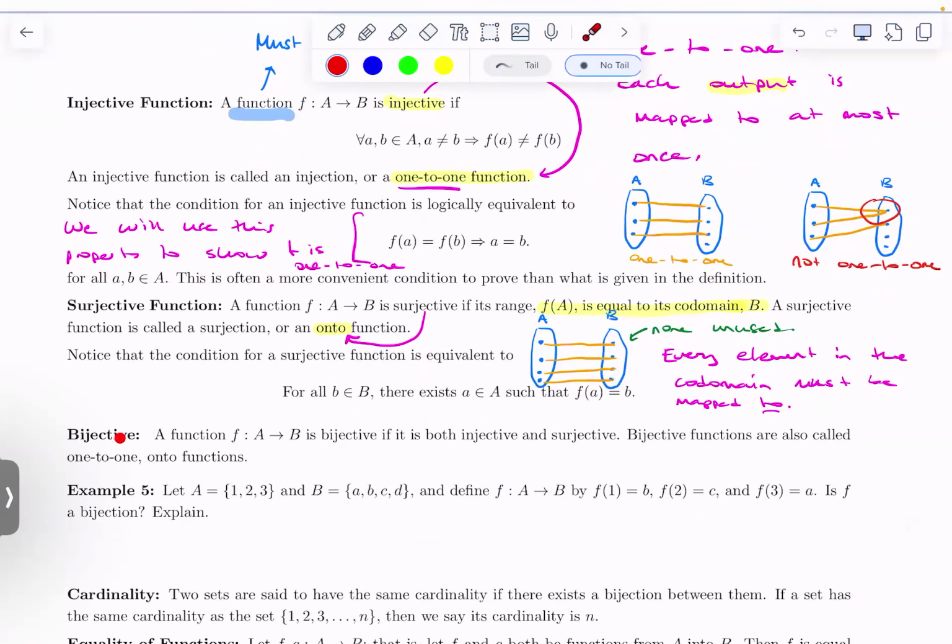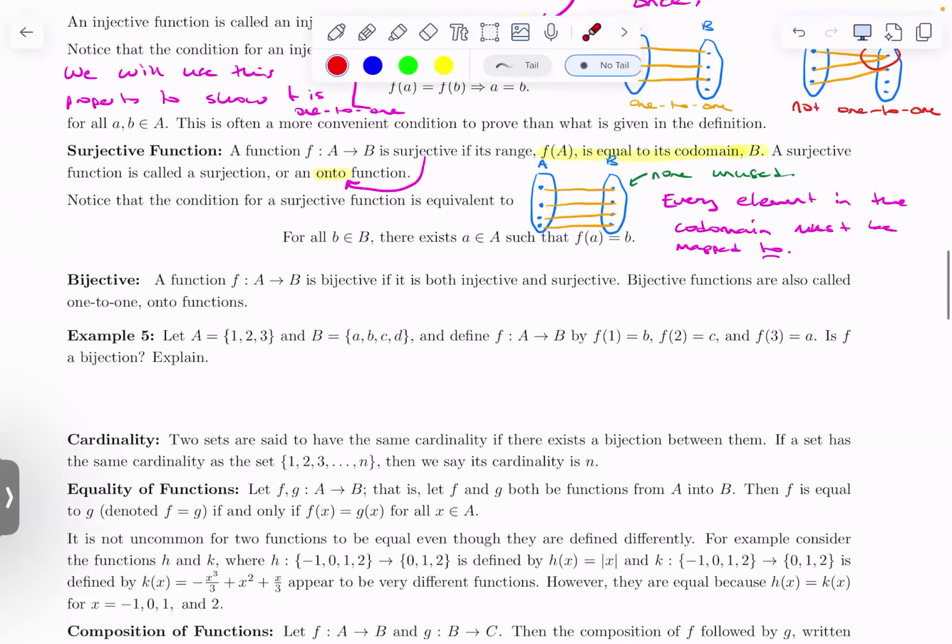But to be bijective is if it's both injective and surjective. So usually what we call these are one-to-one onto functions. So they're a special case of functions. So that was a bad example. It is one-to-one and onto in that case.